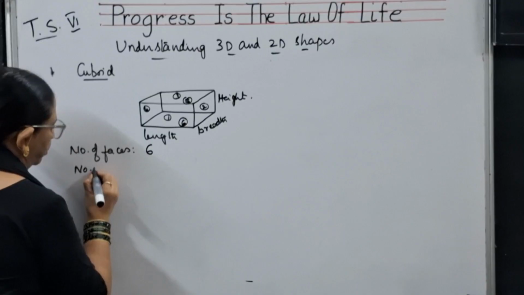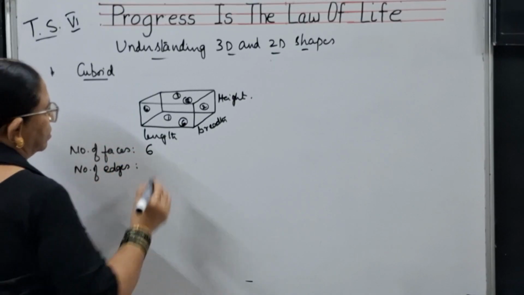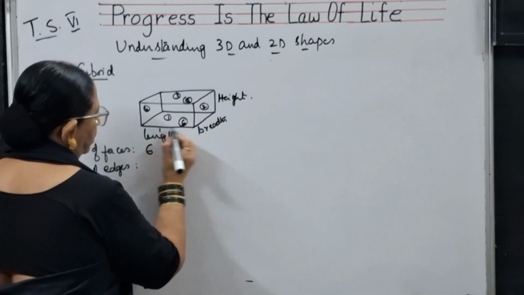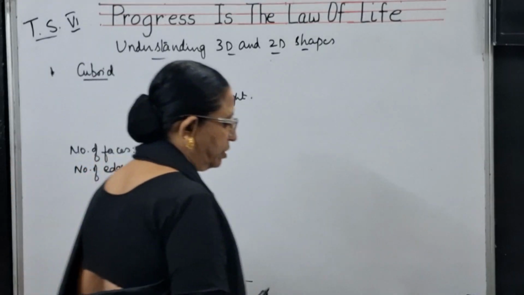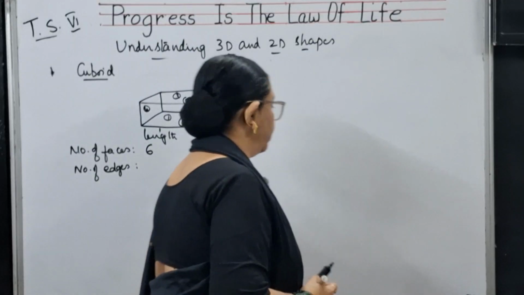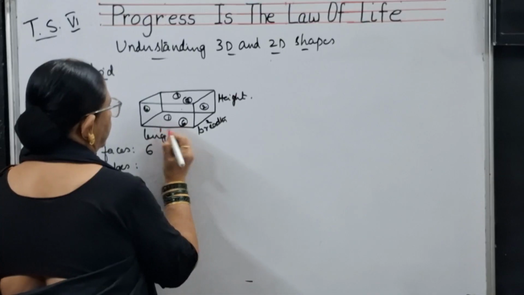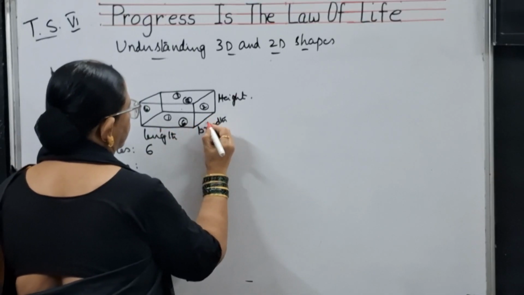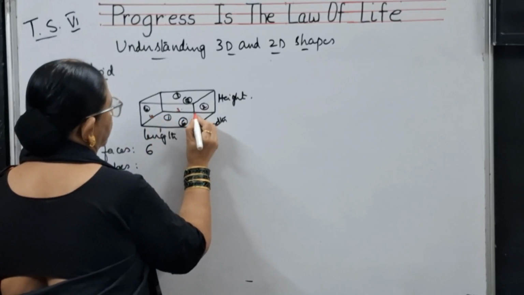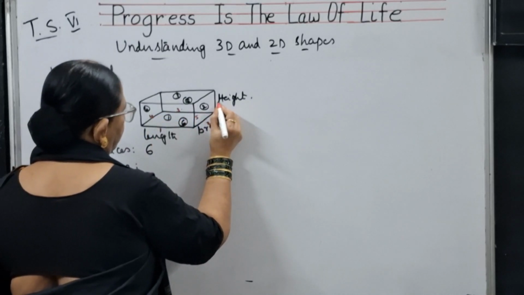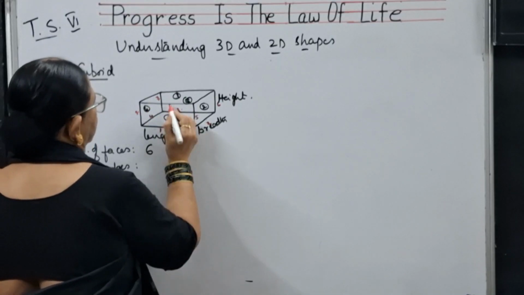Next, number of edges. Edges means the sides. 1, 2, 3. So I'll write it with another color so that it will be clear to you. So this is 1, 2, 3, 4. This one is 5. This is 6. This is 7. This is 8.